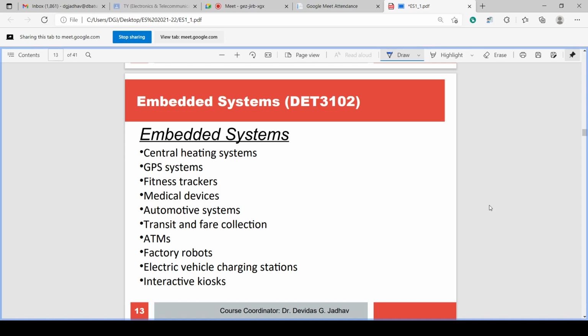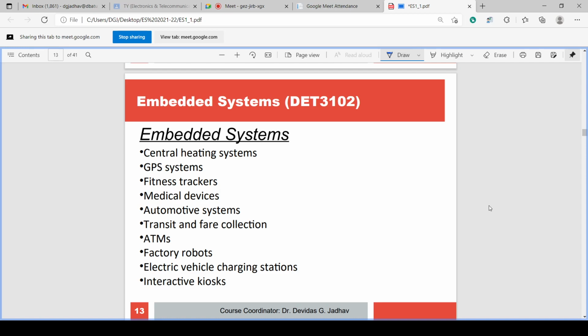Central cooling system, central AC. Similarly, central heating systems are required, and those central cooling or heating systems require an embedded system for controlling the operation.